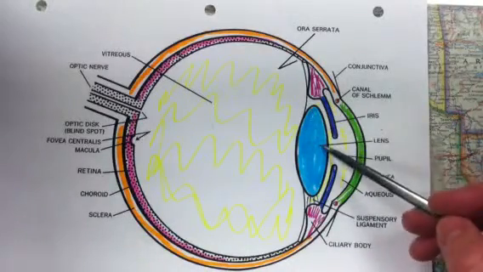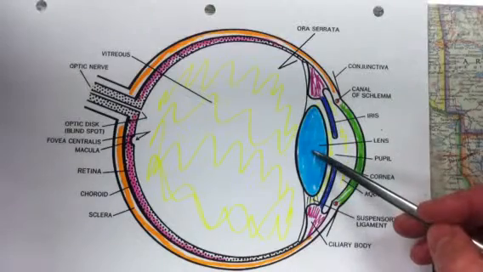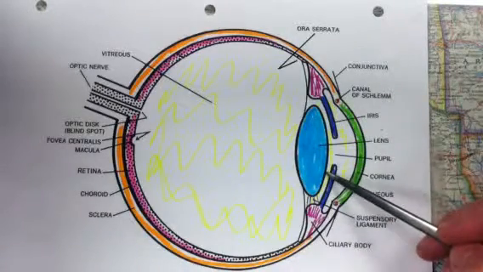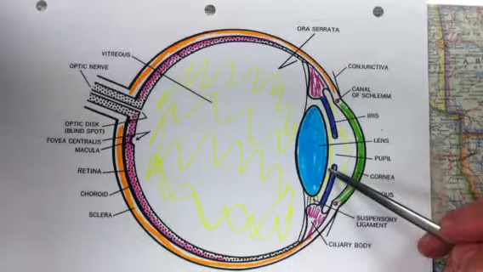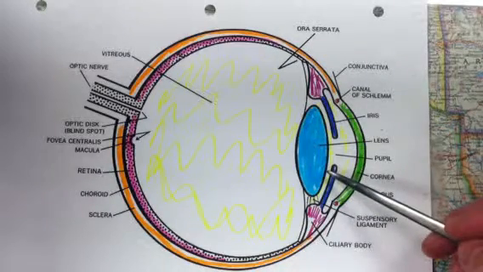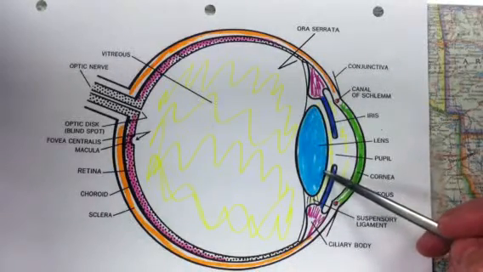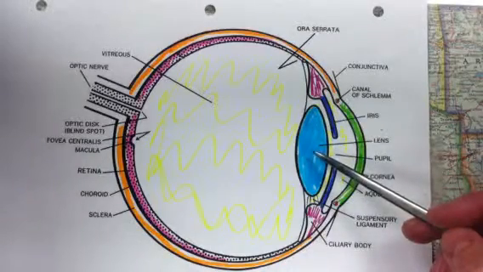The nucleus and cortex of the lens are broken up and destroyed and then vacuumed out through a little incision in the capsule. Had to look at my notes, sorry. And then a prosthetic lens is reinserted into the capsule.